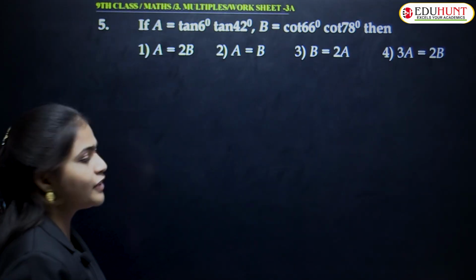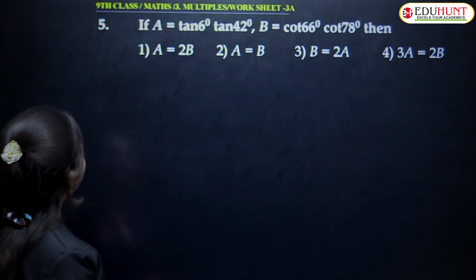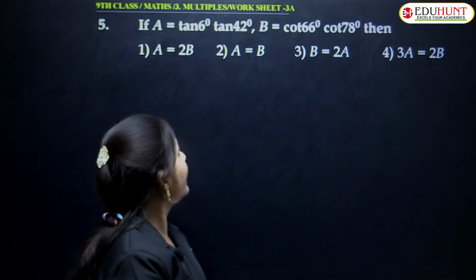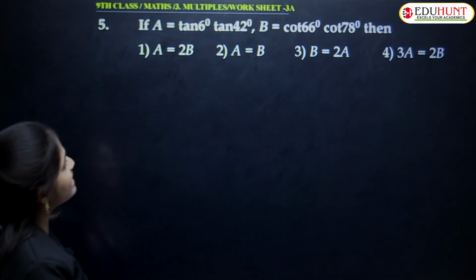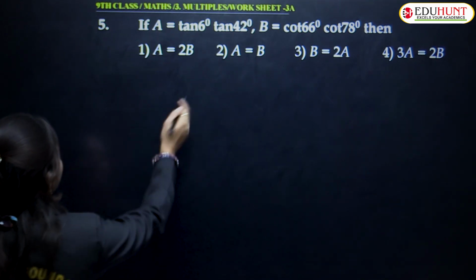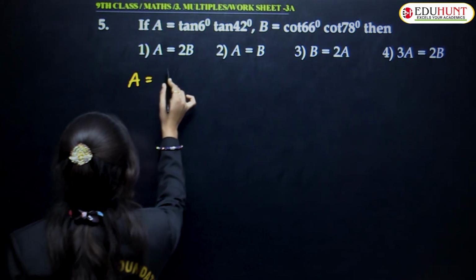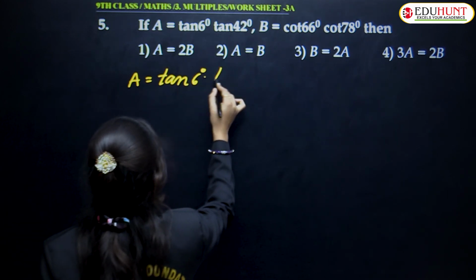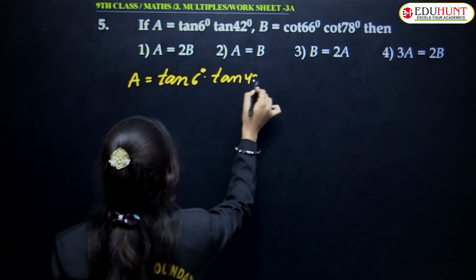Yes, fifth question, see here what they have given. If A is equal to tan 6 degrees into tan 42 degrees and B is equal to cot 66 degrees and cot 78 degrees. Okay, so A is equal to tan 6 degrees, tan 42 degrees.